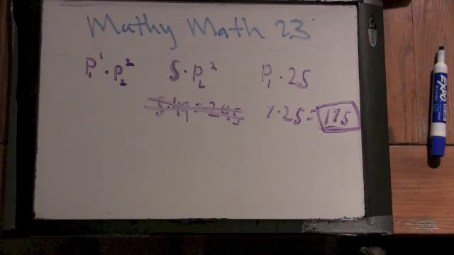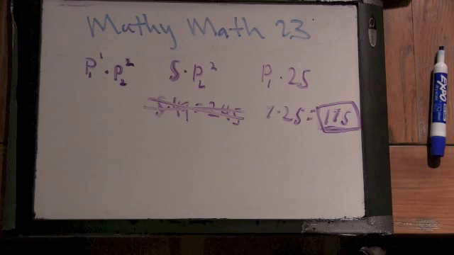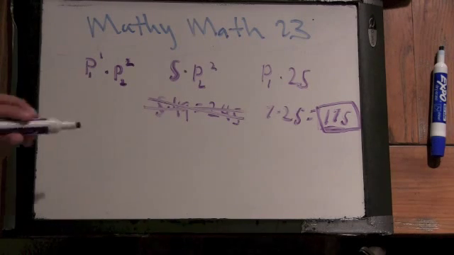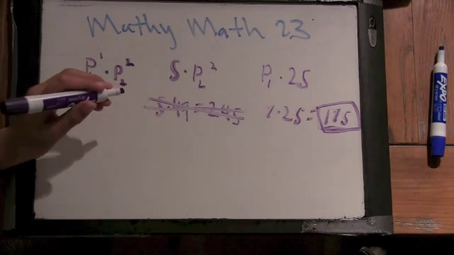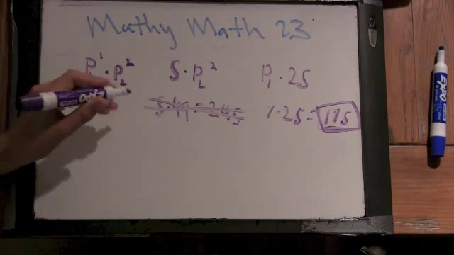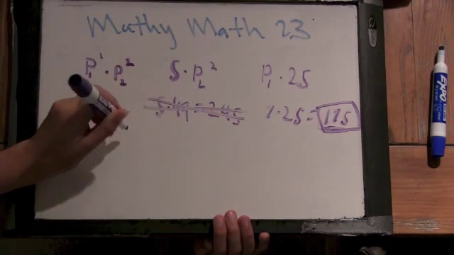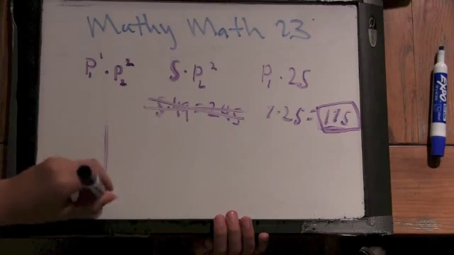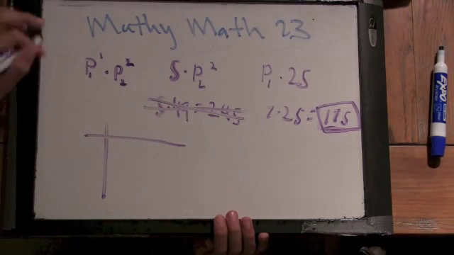Hey, do you think we could real quickly write down the 6 divisors of 175? Yeah, probably. So you can have 7. Let's make a little divisor chart.